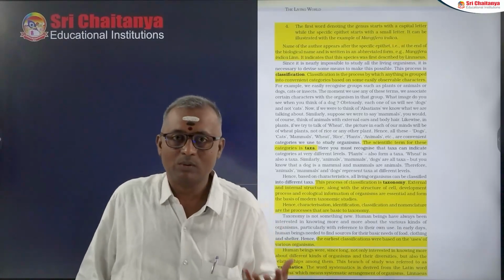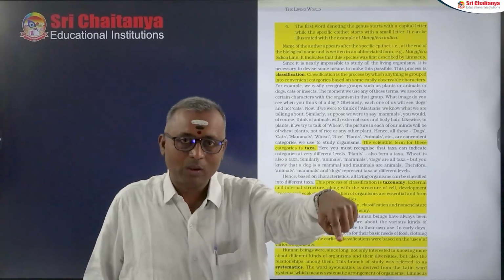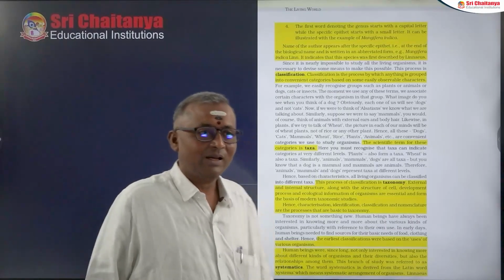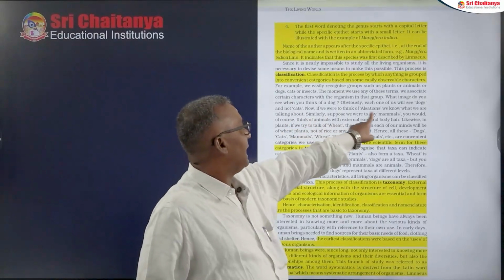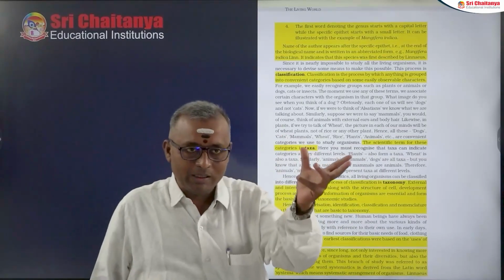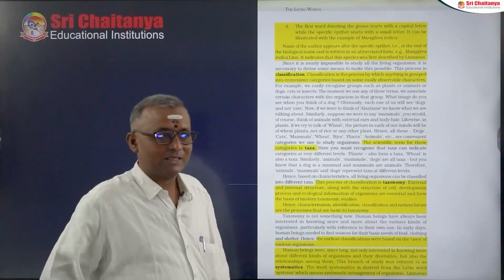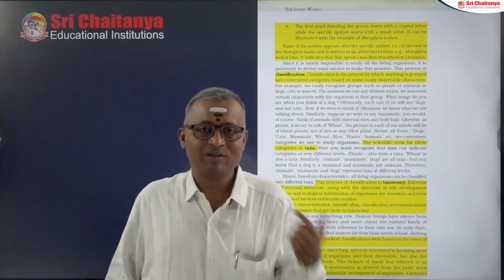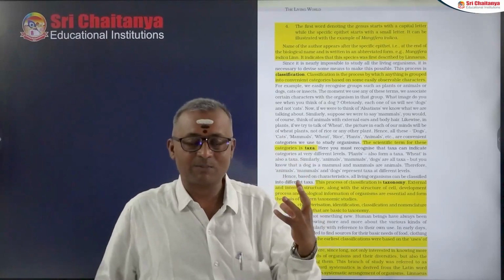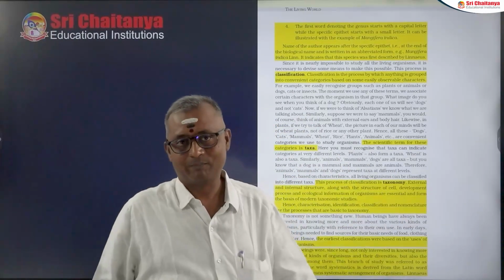If I say the term dog, you will get the characters related to the dog but not to the cat. In the same way, if I say Alsatian is a breed of dog, you will get the picture of a dog in your brain. Similarly, if I say rice plant, you will get the picture of the rice plant and the characters related to the rice plant but not to wheat.